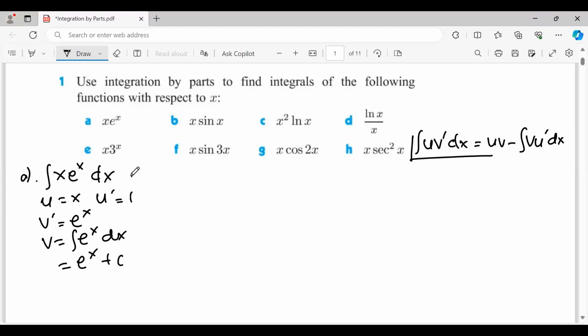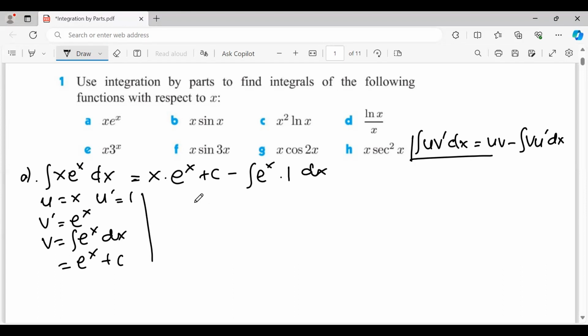So this integration by parts will be u times phi, x times e power x plus c, minus integral phi, e power x, times 1 because derivative u, dx.